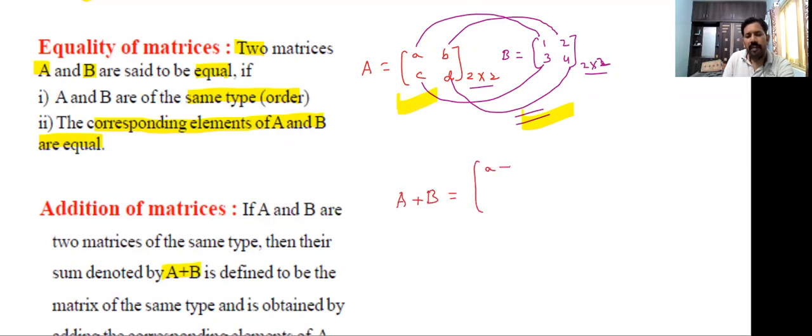A plus 1, next B plus 2, next C plus 3, next D plus 4. This is addition of two matrices. Now add the corresponding elements. And difference, subtraction of two matrices, is the same: the two matrices have the same order and we subtract the corresponding elements.